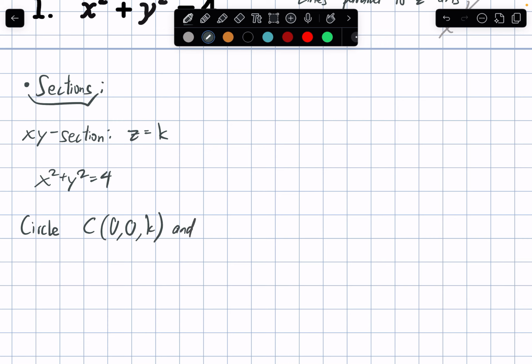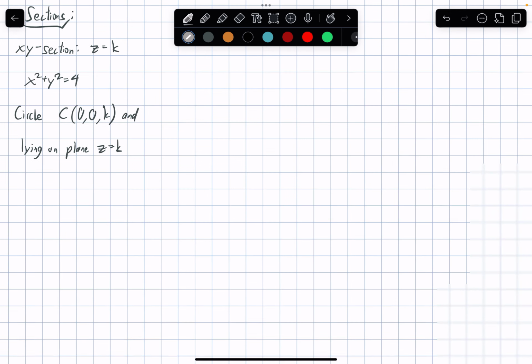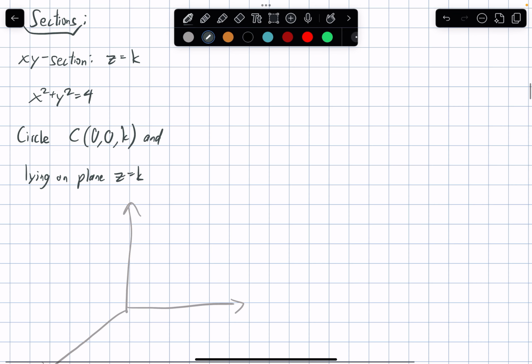And how do we describe the circle? It is lying on the plane z is equal to k. We just copy this. Now we graph. Okay.